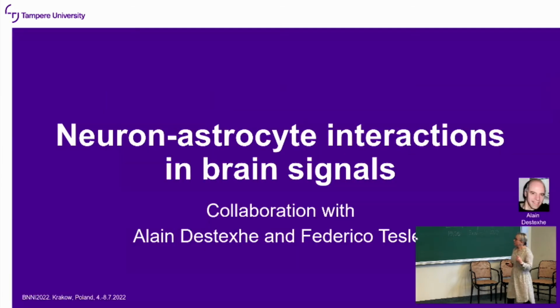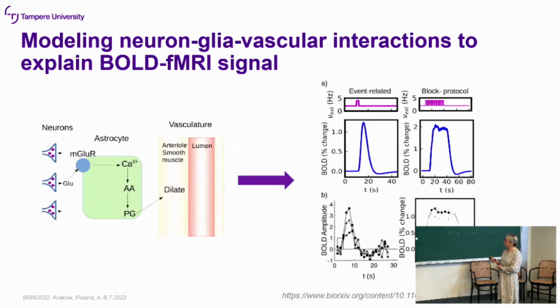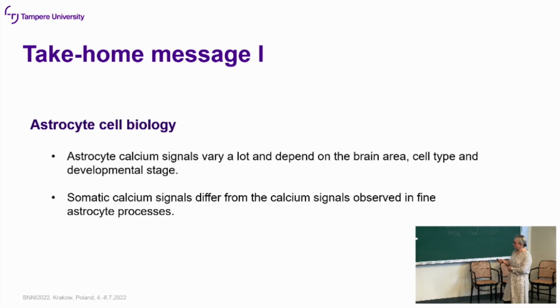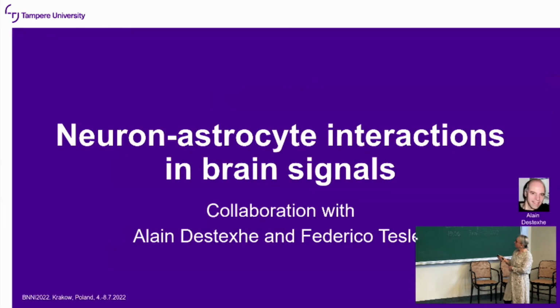So in addition to network studies, within the HPP we've also been trying to understand how neuron-astrocyte interactions contribute to brain signals. This is a collaboration with Alain Destexhe and Federico Tesler in Paris.